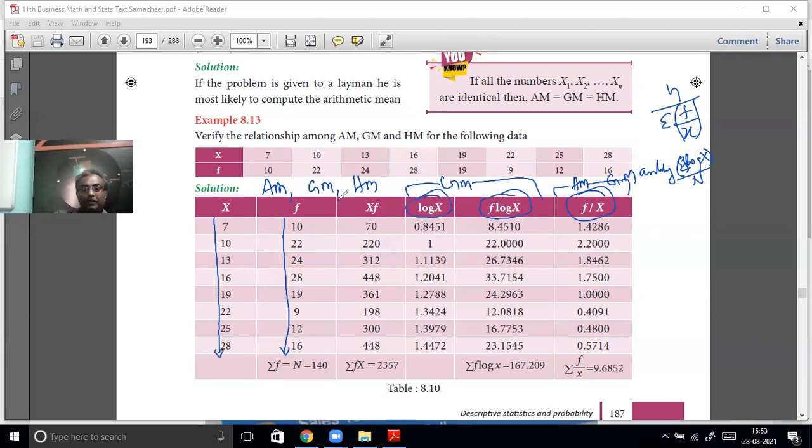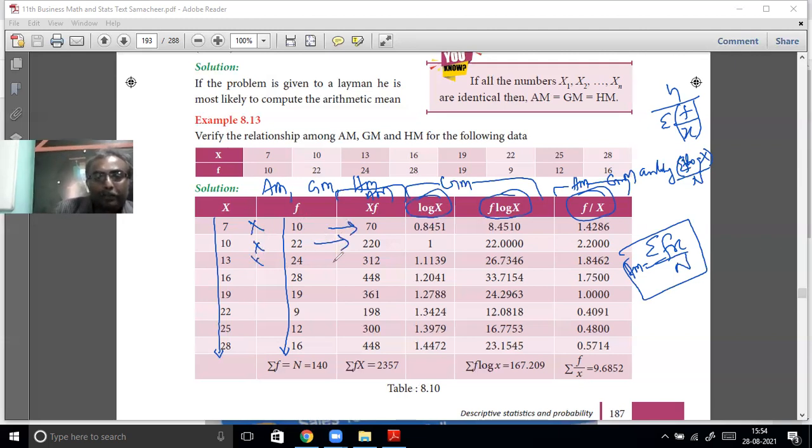For arithmetic mean you calculate this column. What is the normal mean? Sigma f x by n. That's all, arithmetic mean is very simple. Now you calculate f into x: 7 into 10 is 70, then 10 into 22 is 220, 13 into 24 is 312, and like that you get all these values, 25 into 12 is 300.